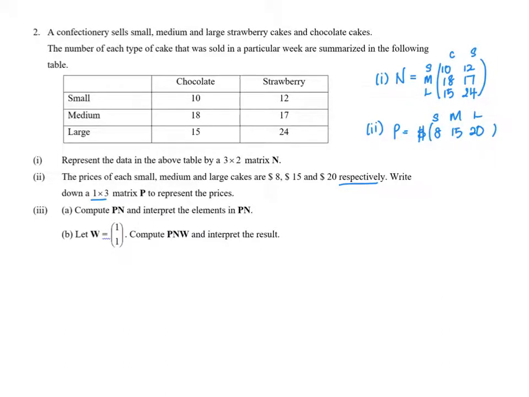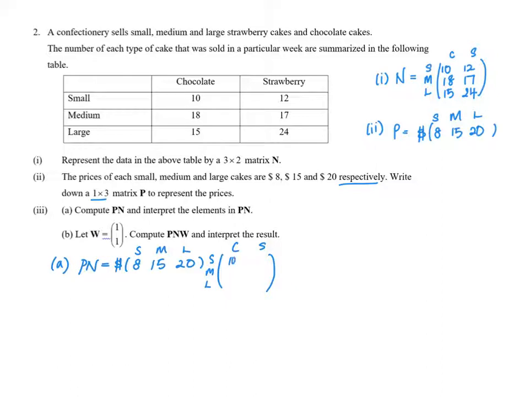Now part 3, compute PN and interpret the elements in PN. PN will be taking the price, the row in terms of dollars, 8, 15, 20. I have small, medium, and large to be multiplied to small, medium, large for chocolate and strawberry.